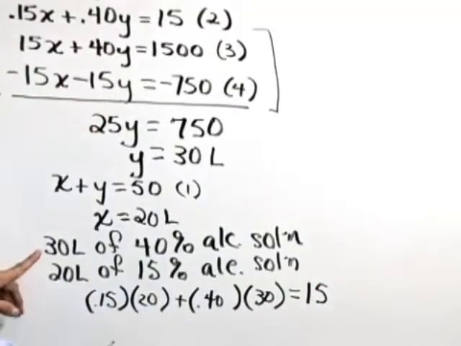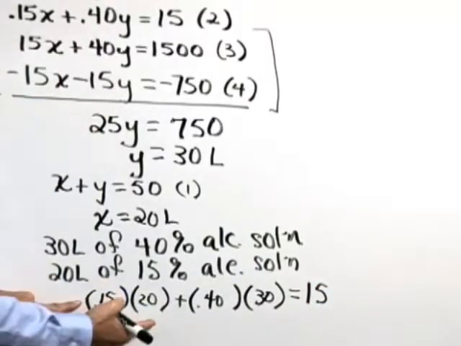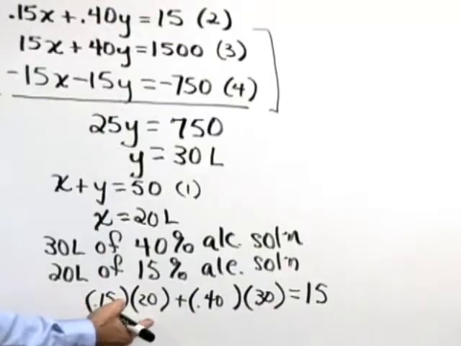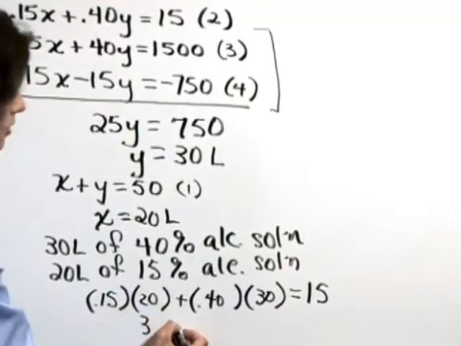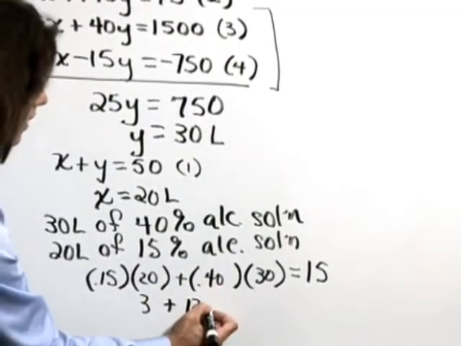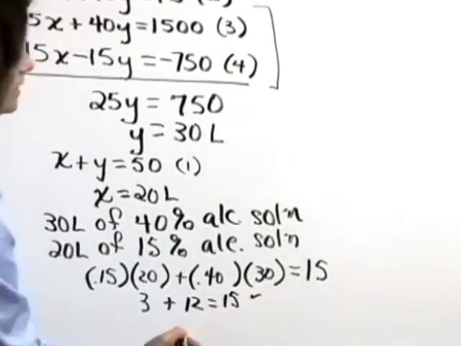And we do indeed get that because 0.15 times 20 is equal to 3. 0.40 times 30 is 12, and 3 plus 12 does indeed give that 15.